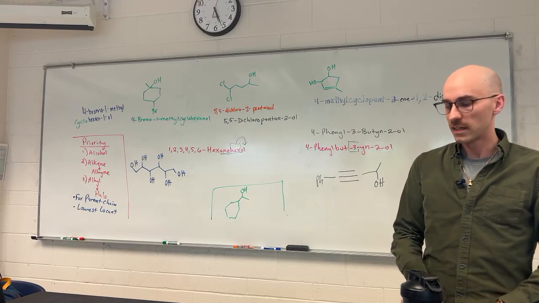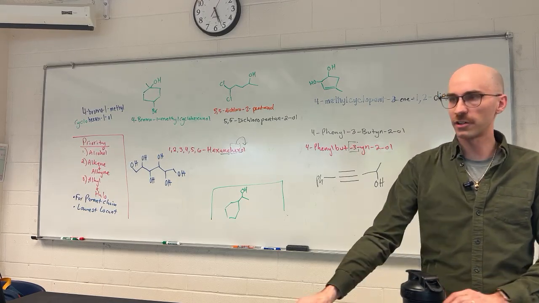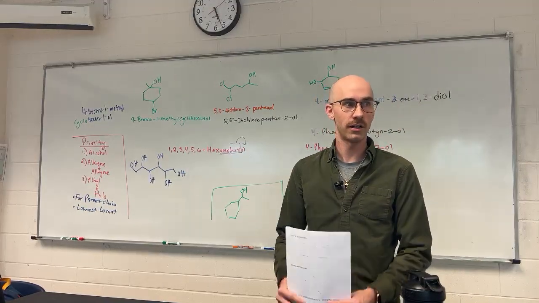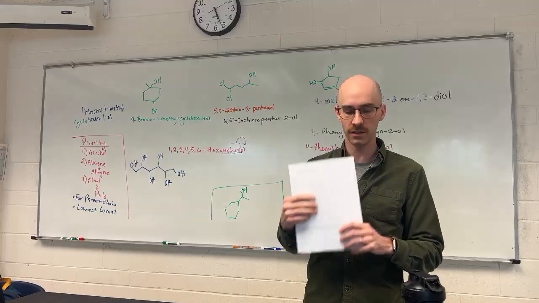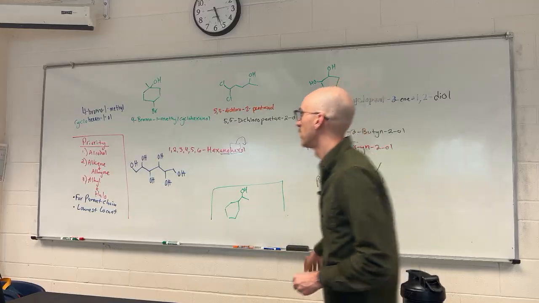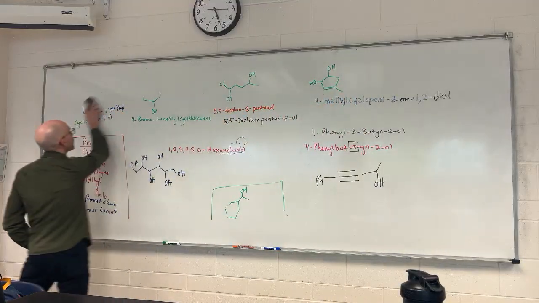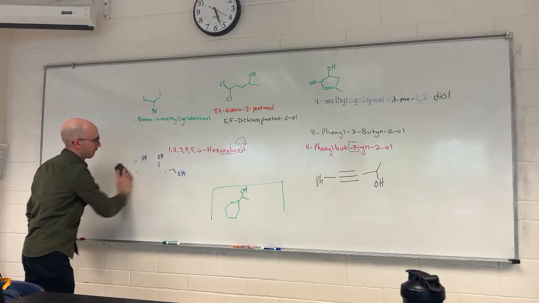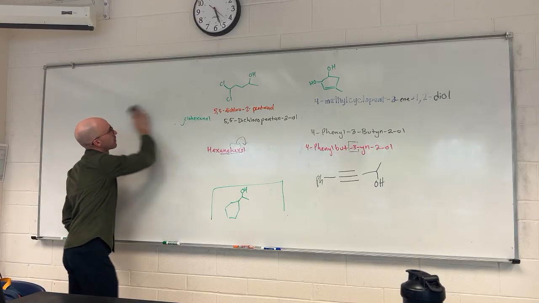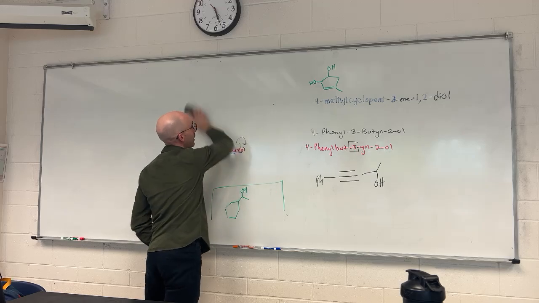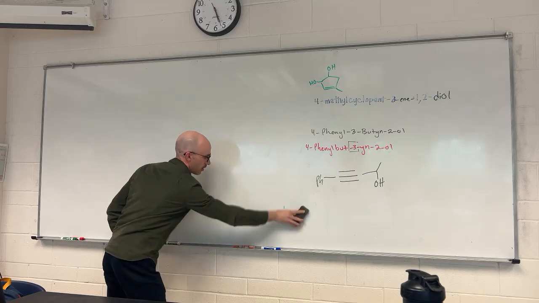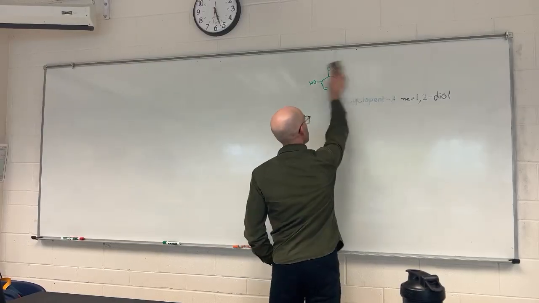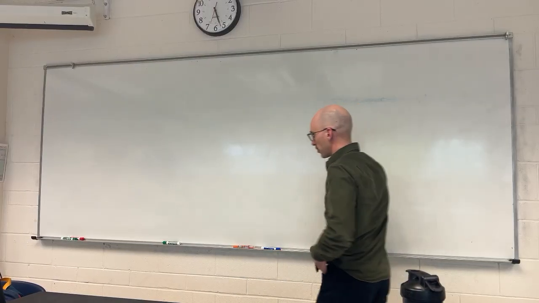All right. We have a few more reactions to learn today. So our next reaction diagram here, reactions with alcohols. You will notice that these reactions are substitution or elimination reactions.